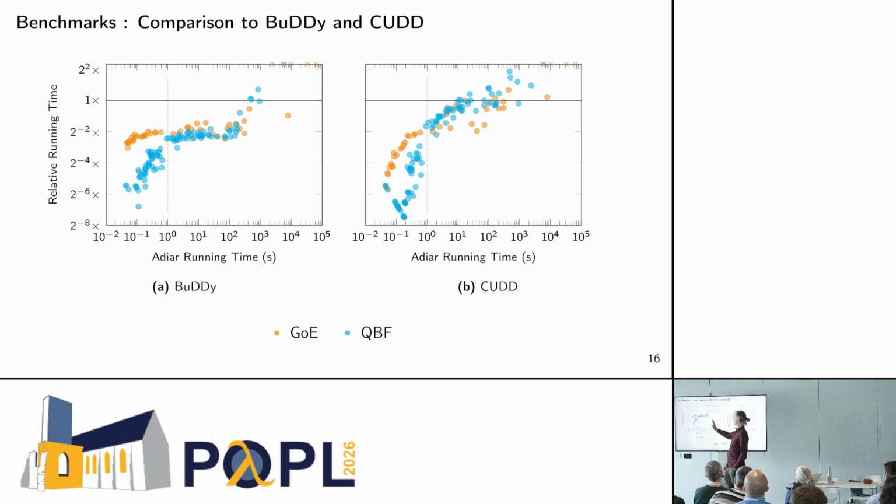Again, below 1 second, we have an interesting area where the overhead of our priority queues and of reading and writing tiny BDDs to files on the disk is a major overhead, and you shouldn't do that. So we are several orders of magnitude slower than this implementation, which is fair enough. It's out of our scope. It's not what we're trying to do, at least right now.